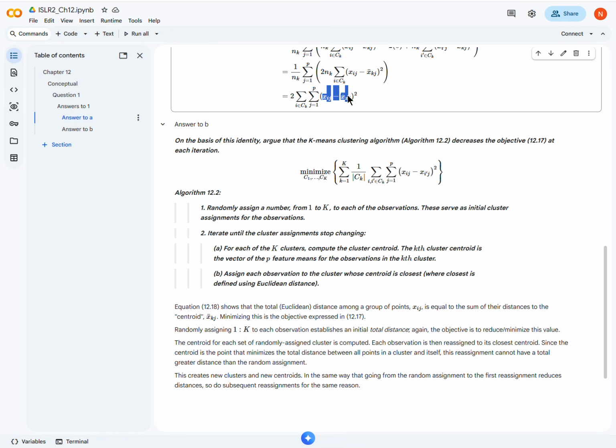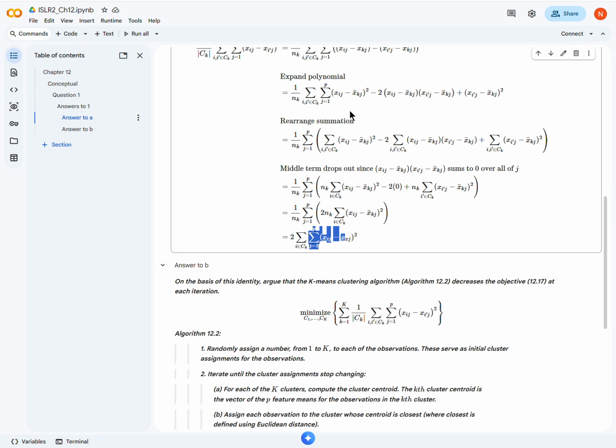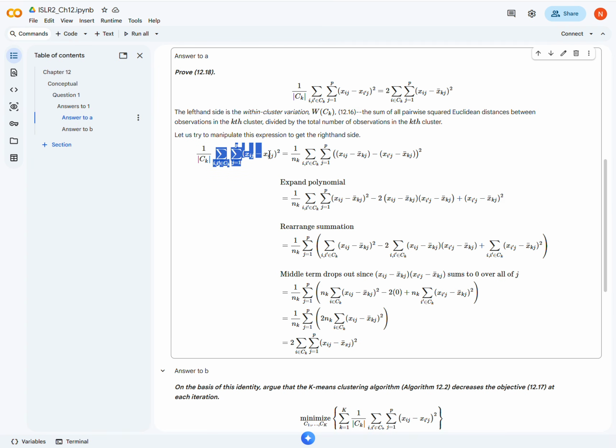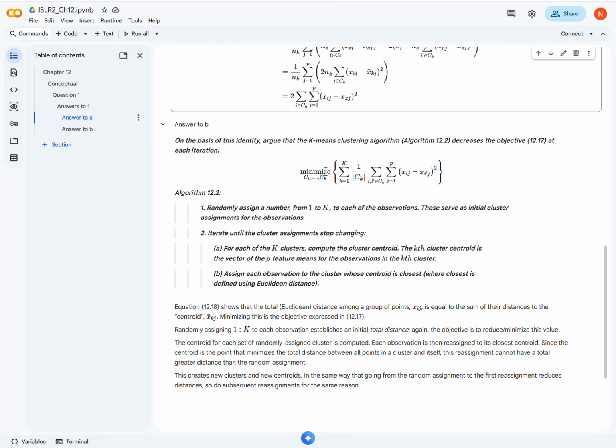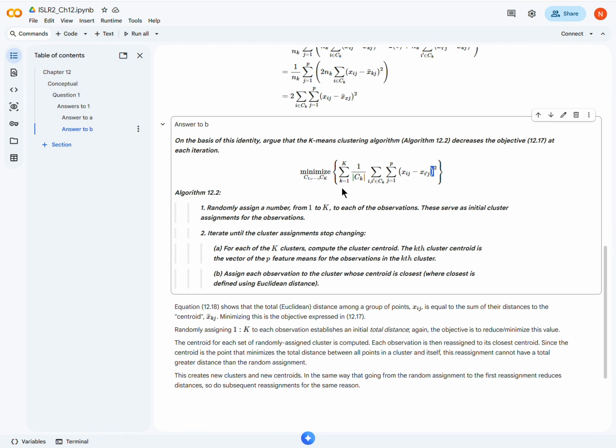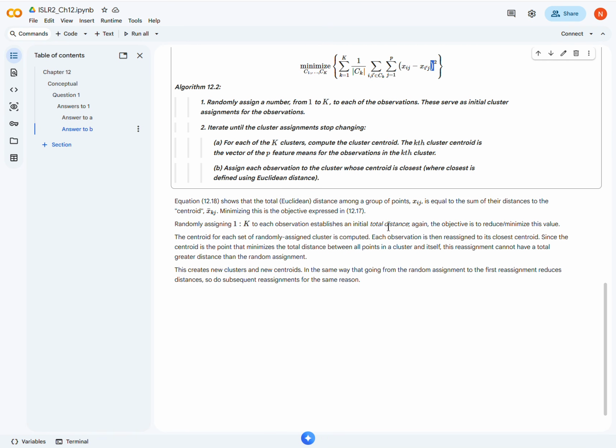So if we are purposefully assigning values to their nearest centroid, well then of course that distance is going to shrink, and because this is the same as this, which is the same as this, then our within cluster variation is just going to consistently decrease with each iteration. So I hope that's enough of an intuition. I hope it follows without me having to do a bunch of basic arithmetic to show that, but that's the basic idea.